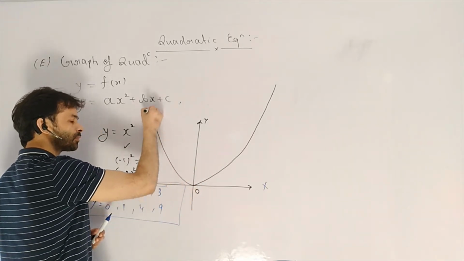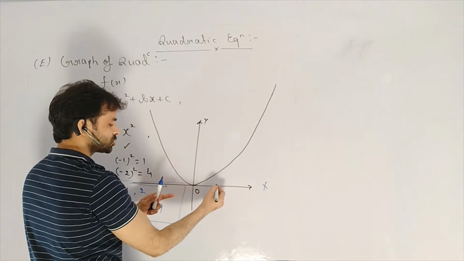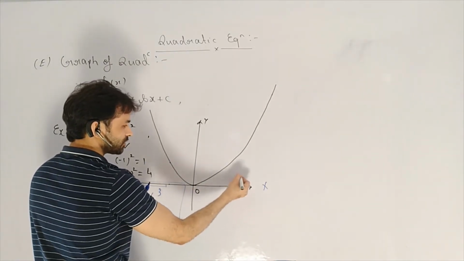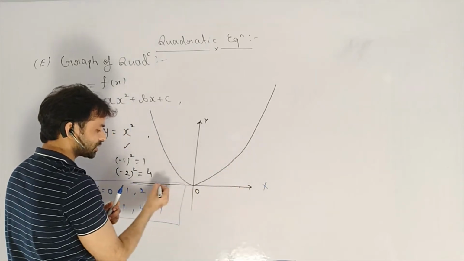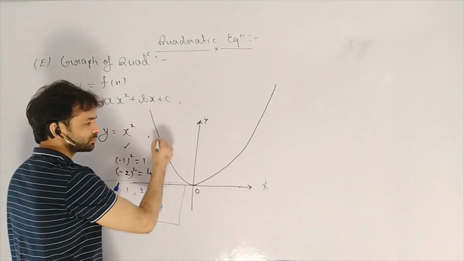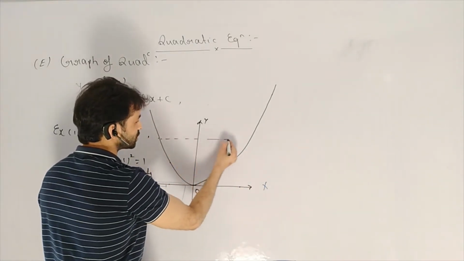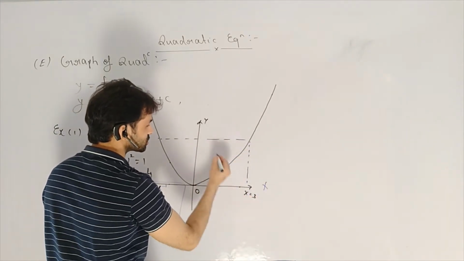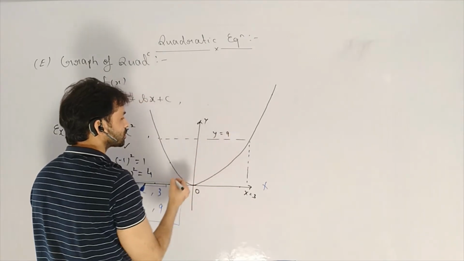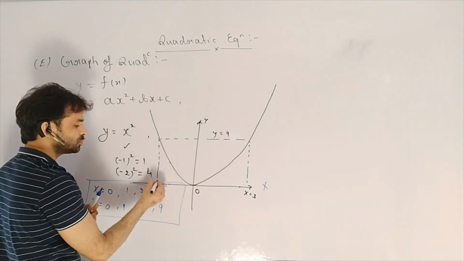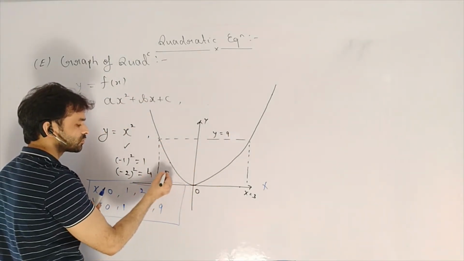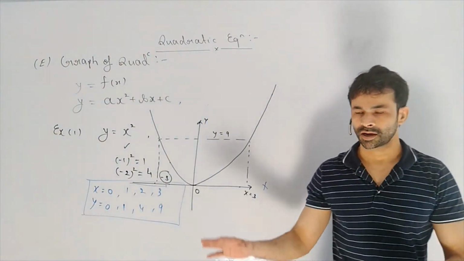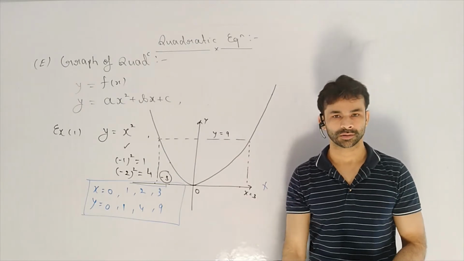The value at x equal to 1 is the same as at x equal to minus 1. The value at x equal to 2 is the same as at x equal to minus 2. At x equal to 3, let's say it was 9, so the same value at x equal to minus 3 it has to give. So this is the graph of y is equal to x square.